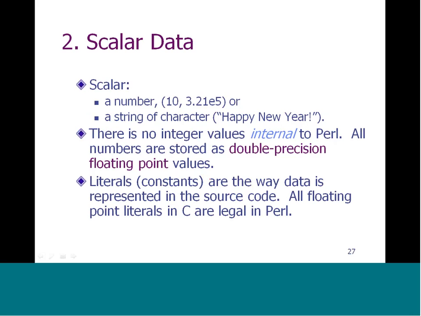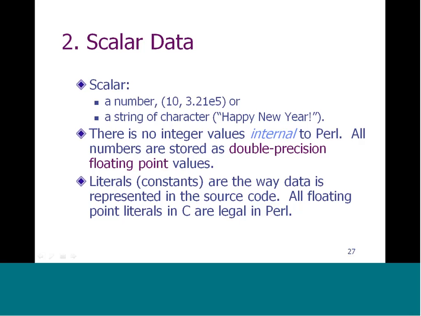So now let's look at the data types and how we operate on this data. Number one is scalar data. We already saw the scalar variable, but the data can be numbers or strings of characters. Any particular string is also a scalar. And one thing to note is, as I mentioned earlier, Perl is not a strongly typed language, and there are no integer values internal to Perl.